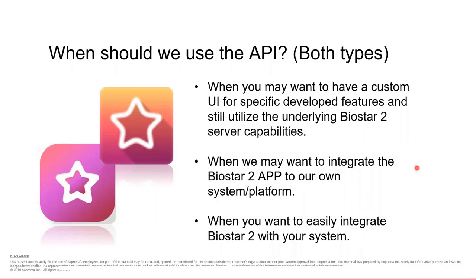In either case, you may use these APIs when you have to build some integration between BioStar 2 and the devices and a third-party software or platform, and some other custom UI interface that you may want to build. Or even if you want to work from your third-party software while still using the BioStar 2 app to control some aspects of the Suprema devices, you may be able to do that as well.